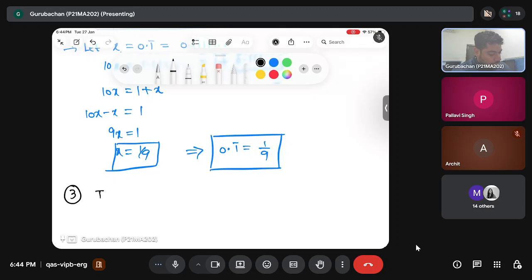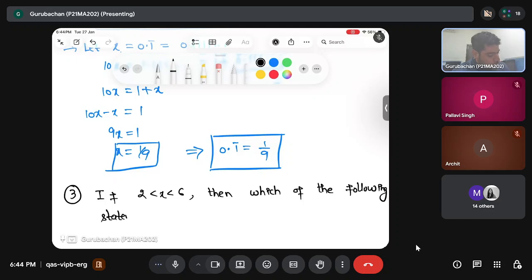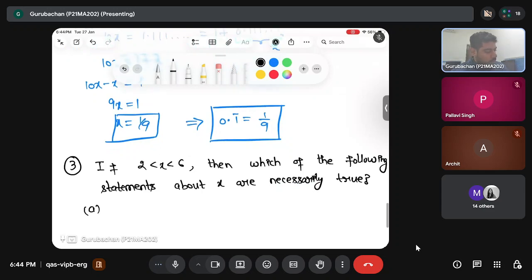If x lies between 2 and 6, then which of the following statements about x are necessarily true? The first one: x lies between 0 and 4.